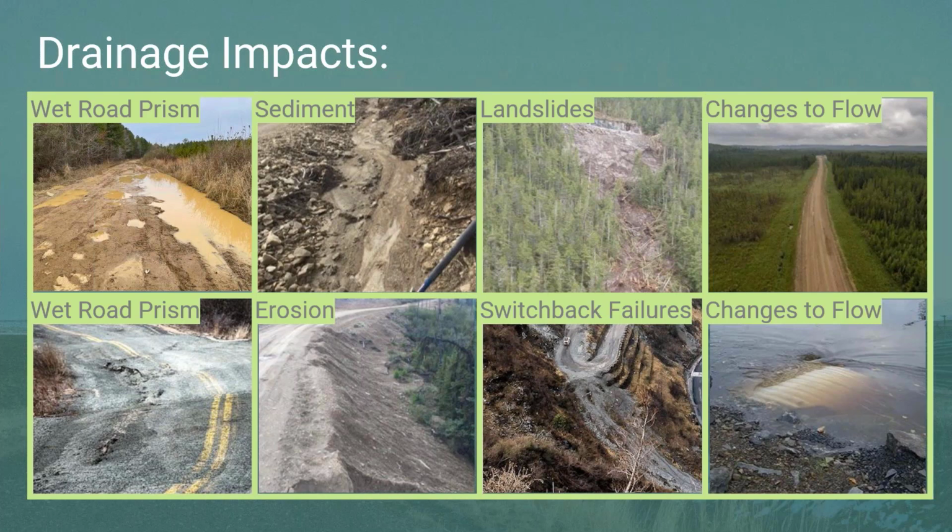Whether it is increasing the sediment in nearby creeks, causing side slopes to erode and making our roads unsafe, to the damage that can happen when a road has a wet prism, like we can see on the left side of the screen, to substantial landscape impacts like landslides or switchback failures, or just the impact that changing the water flow and accumulation can do to a landscape.